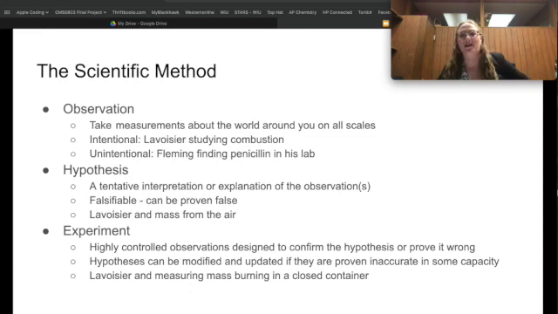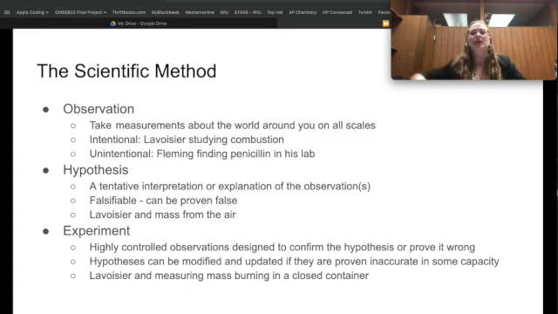I'll be back. So anyways, if we're thinking about intentional observations, there's a French chemist named Lavoisier, and he was studying combustion. He wanted to answer some questions about combustion. What happens when you light something on fire?